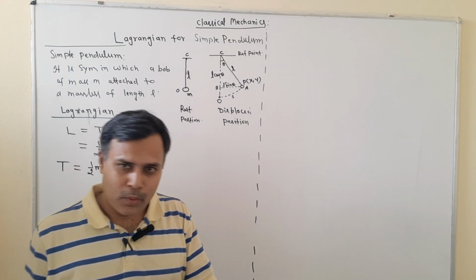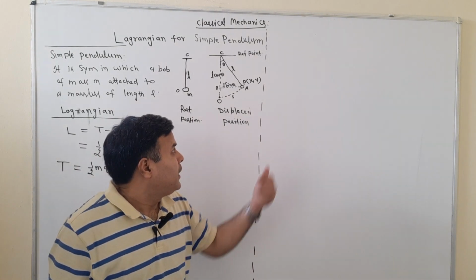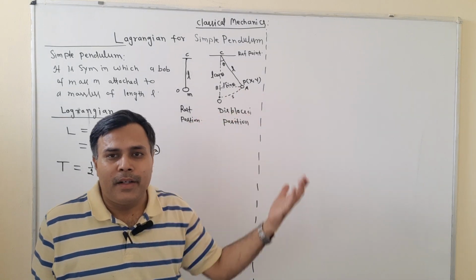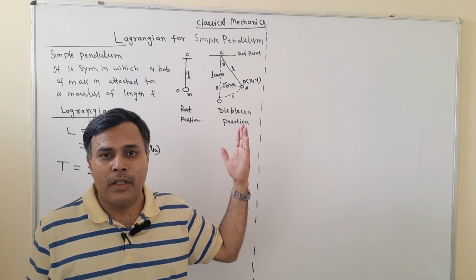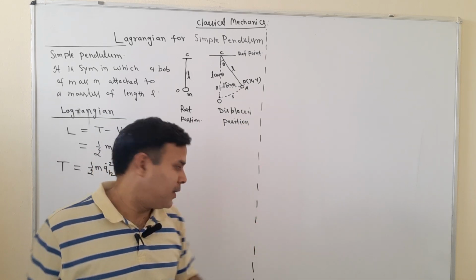We can express our plane coordinates as xy or r theta. So this motion is in 2D, and we have one additional constraint.